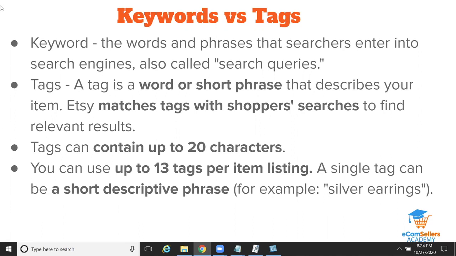So make sure you understand that the customers on Etsy, the people searching, won't see your tags. Just Etsy sees those tags so they can best match what you have listed to what the customers are searching for.